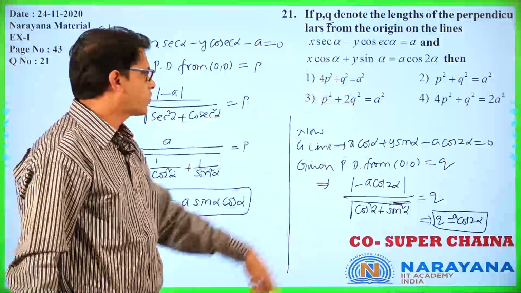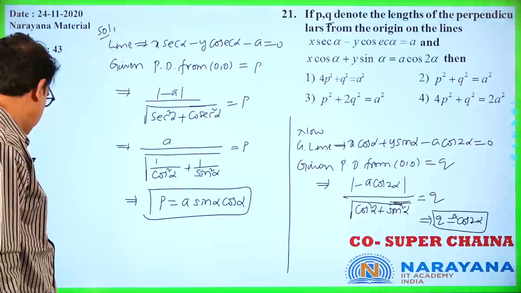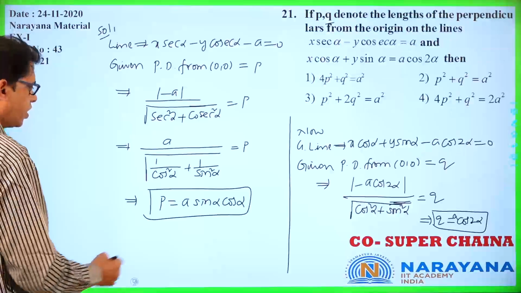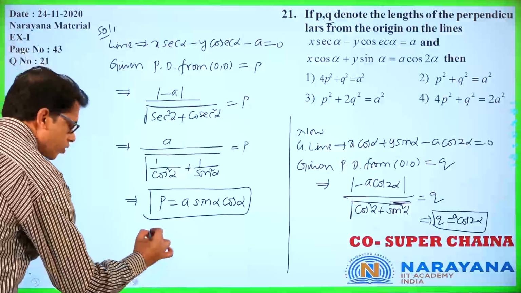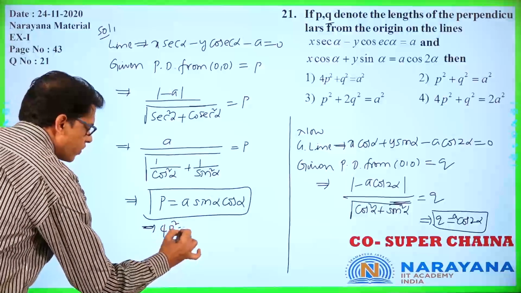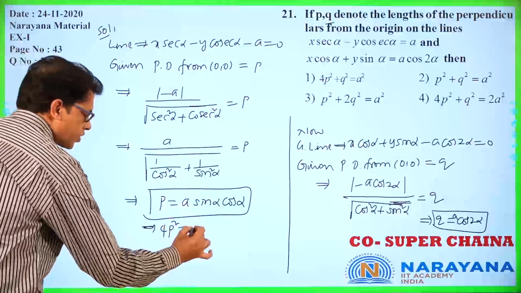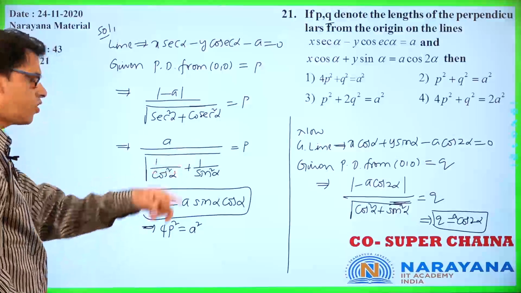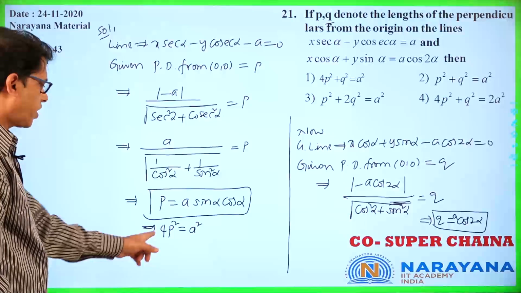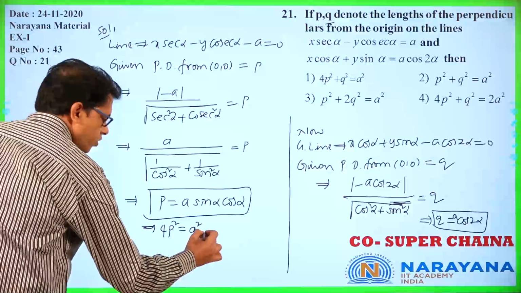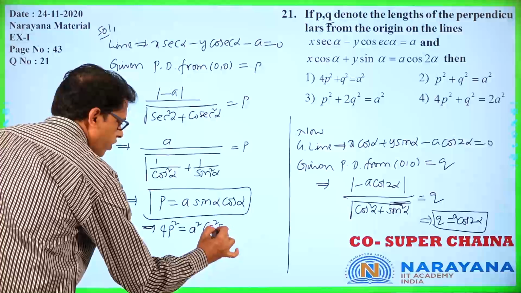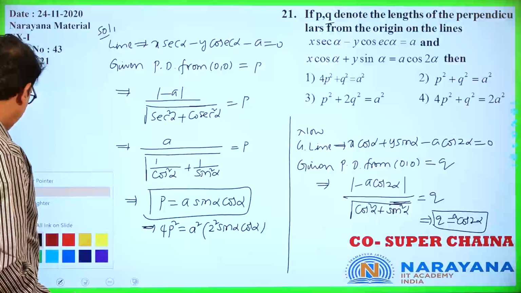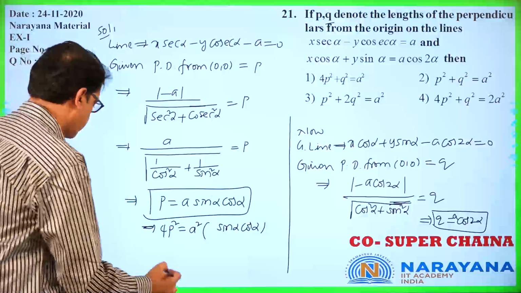If you take 4P square, squaring on both sides and multiplying by 4, 4P square equals A square into 2 sin alpha cos alpha whole square.